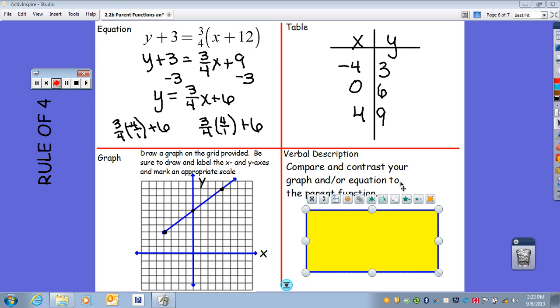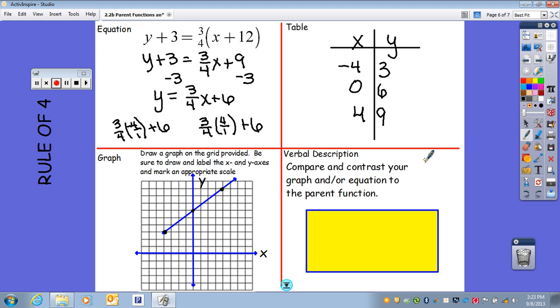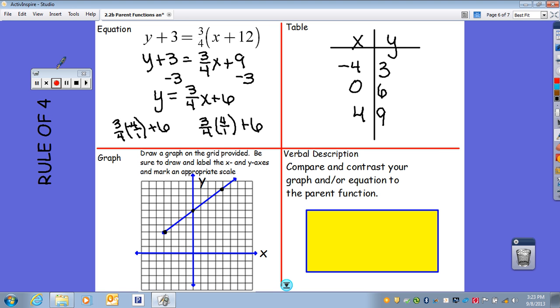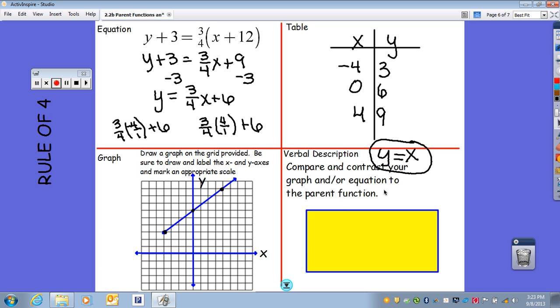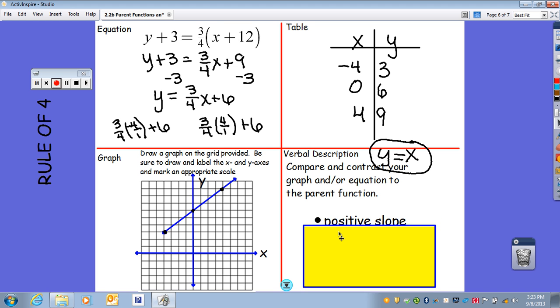After we've drawn our line, we need to compare our new function to our parent function. Remembering our parent function is y equals x, where the slope is 1 and the y-intercept is at the origin. First of all, if we compare, we know that our parent function had a positive slope as this one does. So they are at the same angle, both have a positive slope.